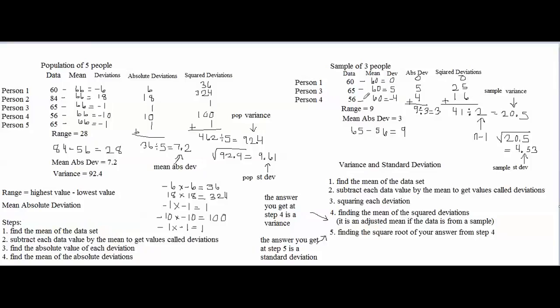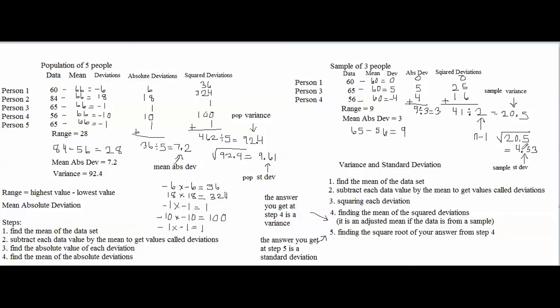So what this means is that if you don't use any adjustment, your sample variance and sample standard deviation will tend to underestimate the population variance and standard deviation because of the sample having less spread than the population. What this adjustment is meant to do is to bring up the sample variance and standard deviation to a higher number.